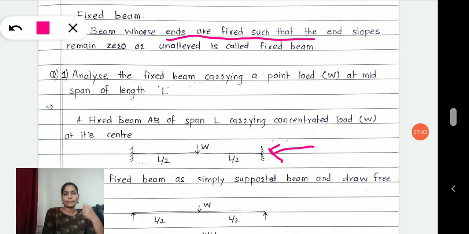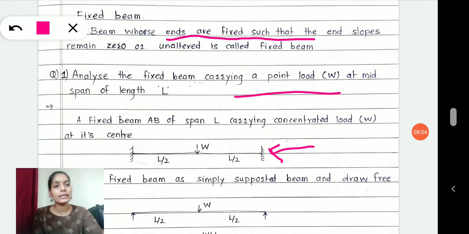What will happen here then? In this beam, if you provide a fixed support, it will restrain the movement at that place, and naturally there will not be development of slope. Now what is slope? Take an example of a simply supported beam and apply a uniformly distributed load upon it.